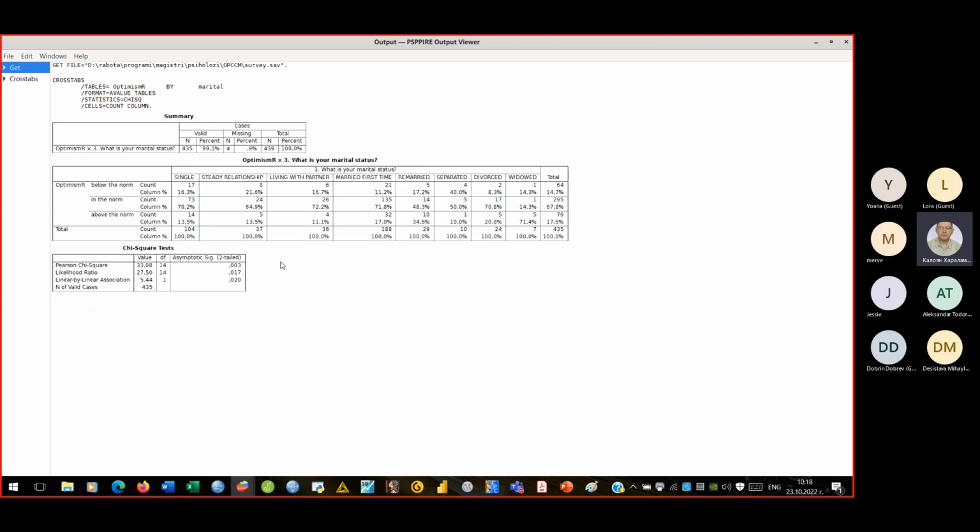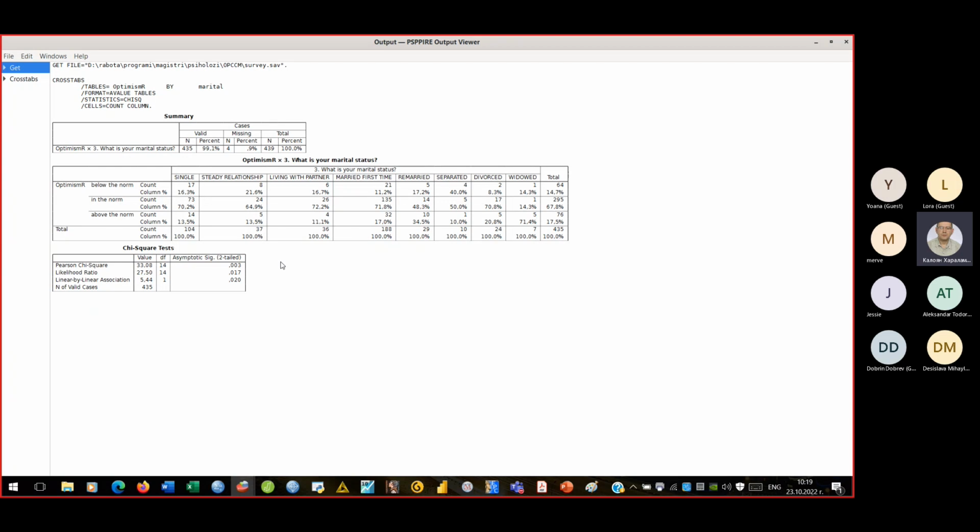And if the significance level is larger than 5%, then we accept the null hypothesis. In this case, the significance level is 0.3%, which is smaller than 5%.